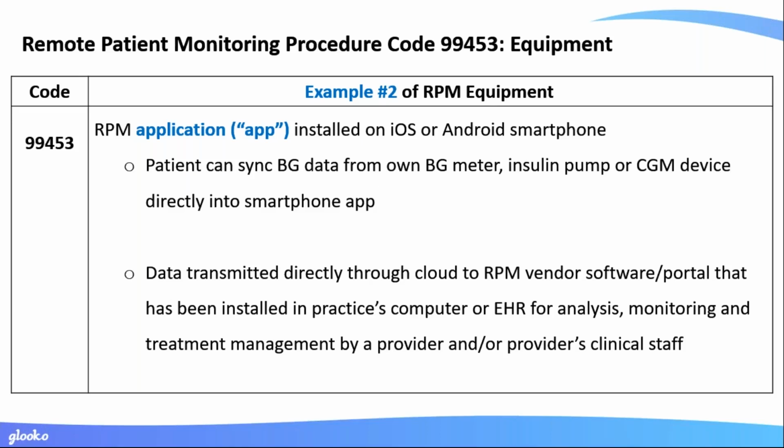And another example is these applications or apps that we install on smartphones. And oh gosh, we have a lot of those to transmit a lot of different types of physiological data, not just blood glucose, which we're used to, but even virtual body weights and virtual blood pressure.